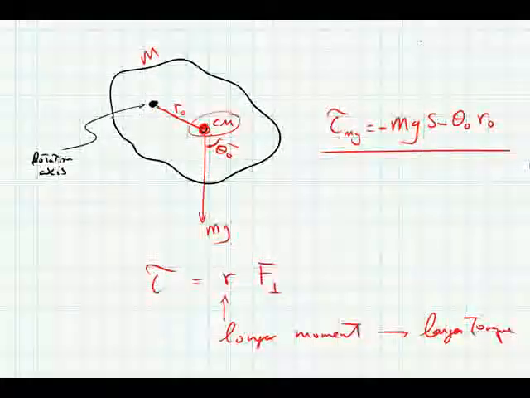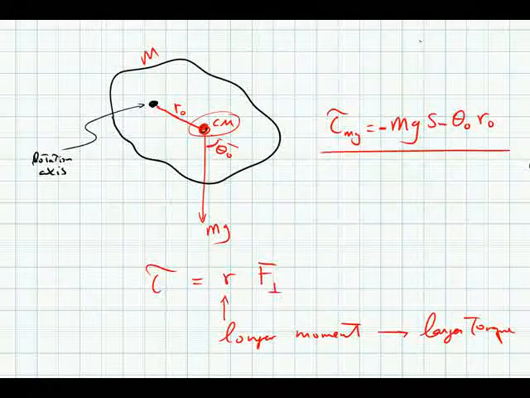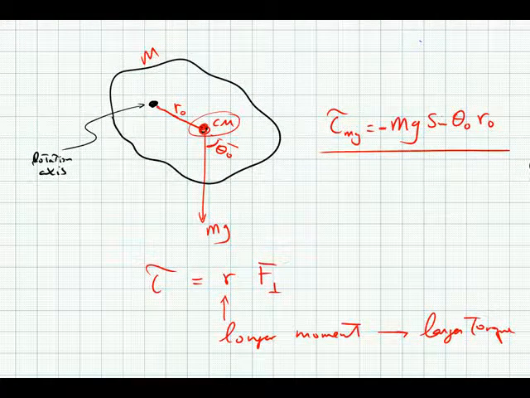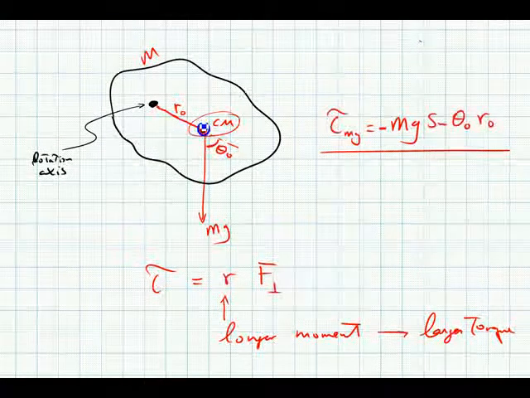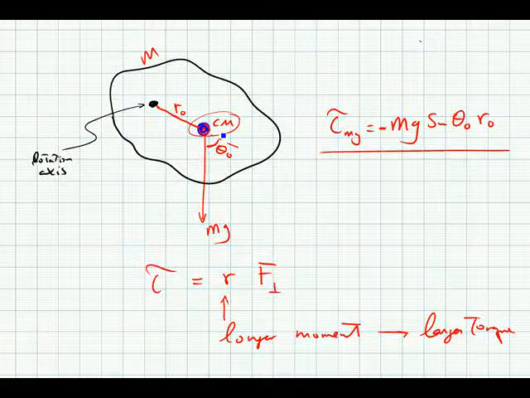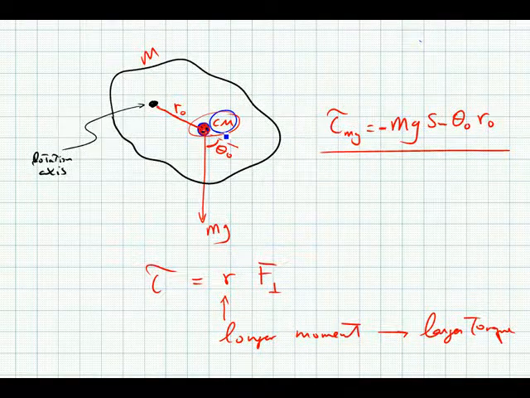Now do not forget the force due to gravity, the weight, and where gravity acts, which we spoke about last time. Gravity seems to act at the center of mass.